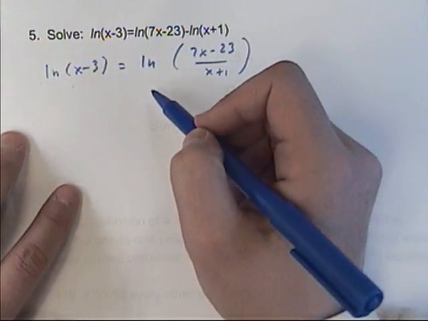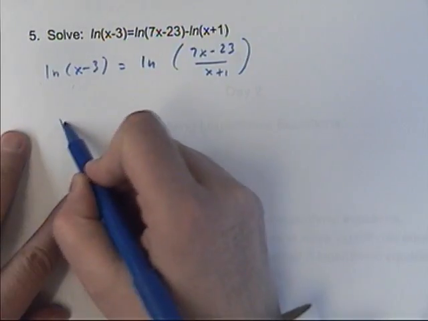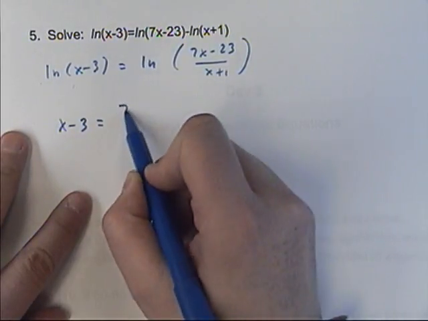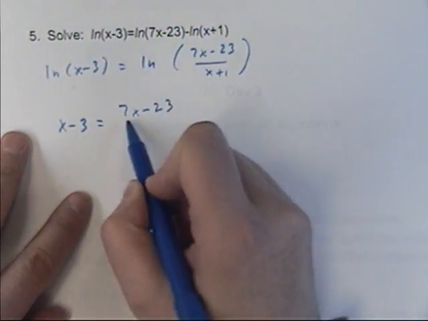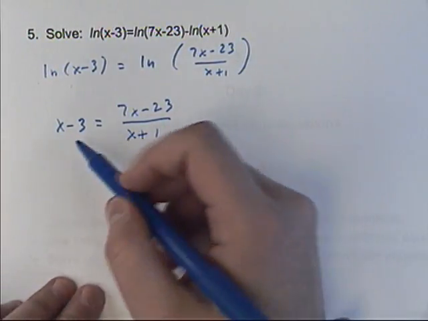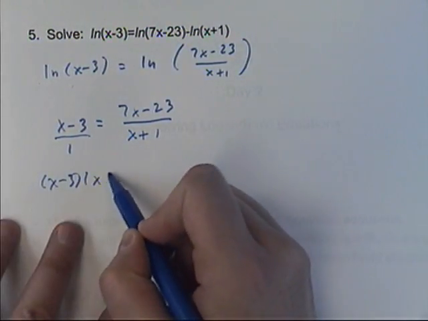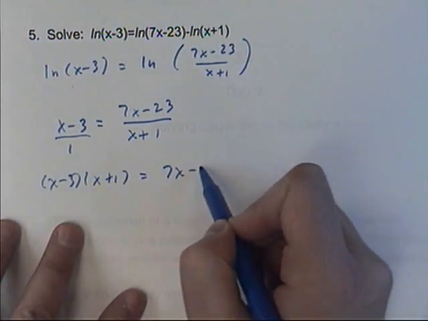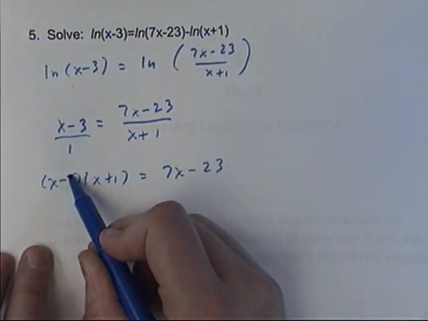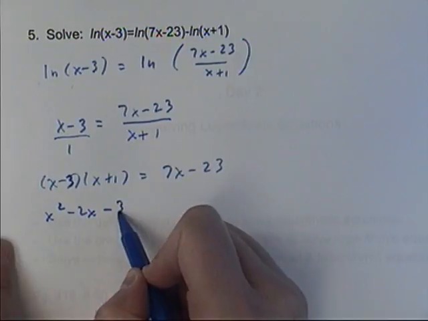Okay. And then, since both of these things are the same except for the arguments, I'm simply going to set the arguments equal to one another. It's just logical that they would be equal, having everything else being equal. I'm now going to cross multiply, so if I write this over 1, I get x minus 3 times x plus 1 equals 7x minus 23. And if I FOIL this out, I get x squared minus 2x minus 3.